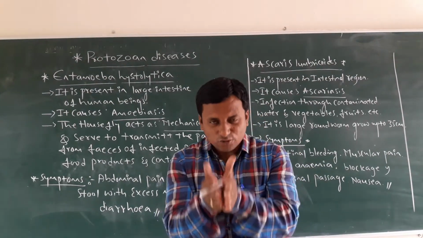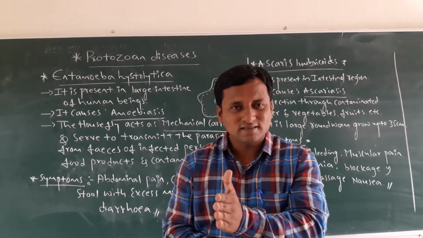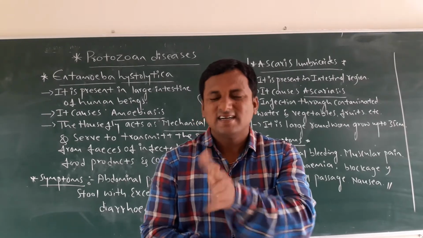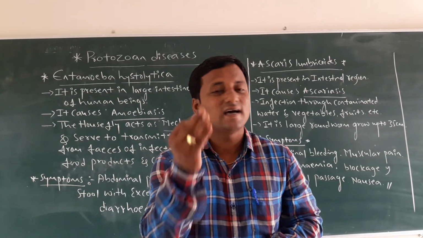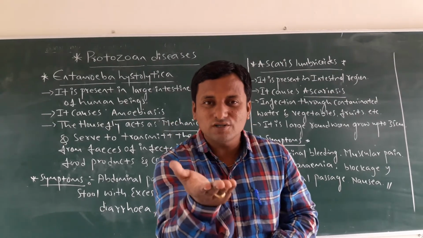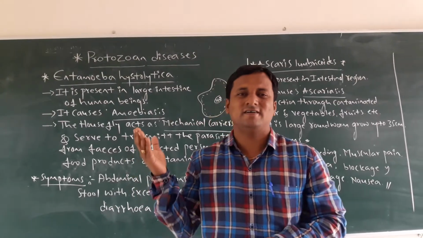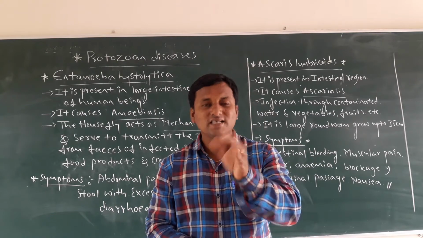After protozoans, the next phyla under the non-chordata are Porifera, then Cnidaria, which we also call Coelenterata, Platyhelminthes, Aschelminthes, Annelida, Arthropoda, Mollusca, Echinodermata. We discussed these phyla in detail in previous years.